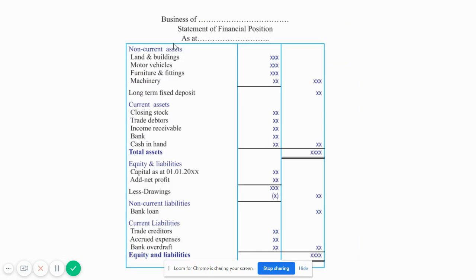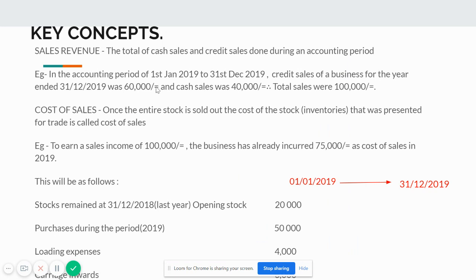So thereby, I'll try to give you further knowledge through this example. We'll use the same example, and from the early example, we'll be using the sales income like this. To earn a sales income of 100,000, the business has already incurred 75,000 as cost of sales in 2019.